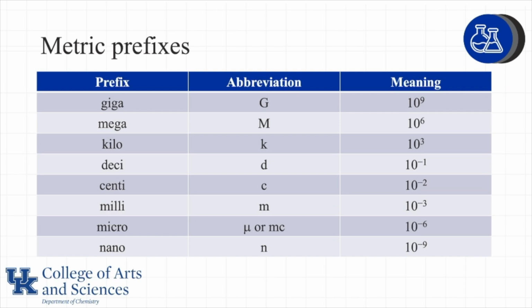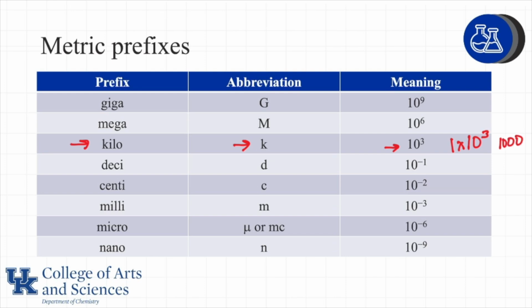It doesn't matter what prefix we put in front of something, whether I have kilograms or kilometers, the prefix kilo means exactly the same thing every time. So we have a kilo, which has the abbreviation k and the meaning of 10 to the third. That's the same as 1 times 10 to the third, or 1,000.